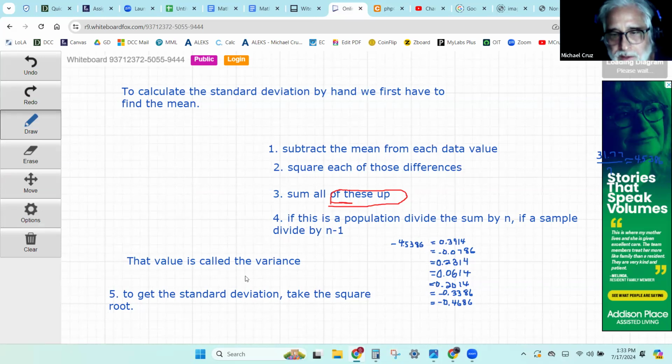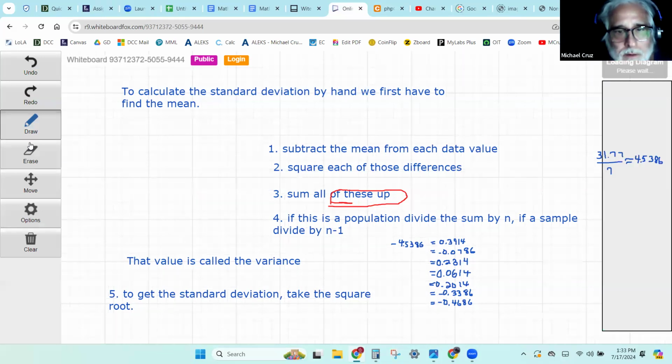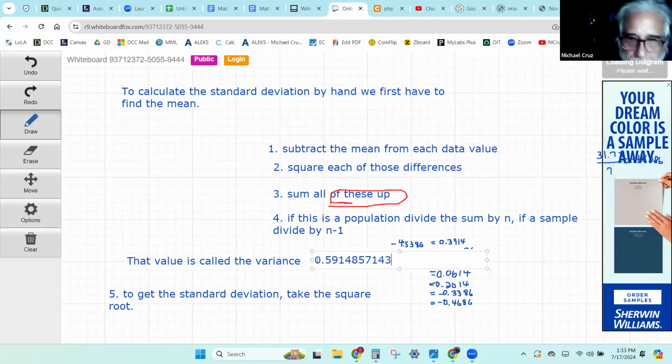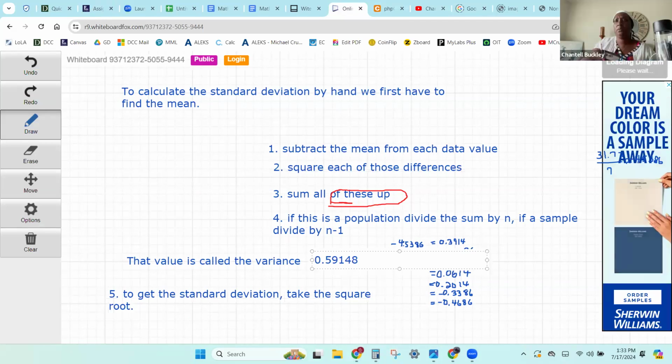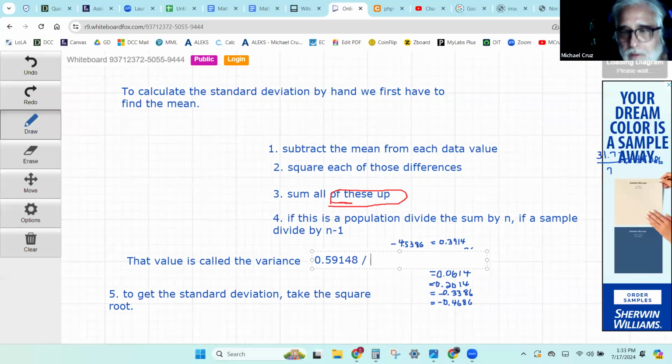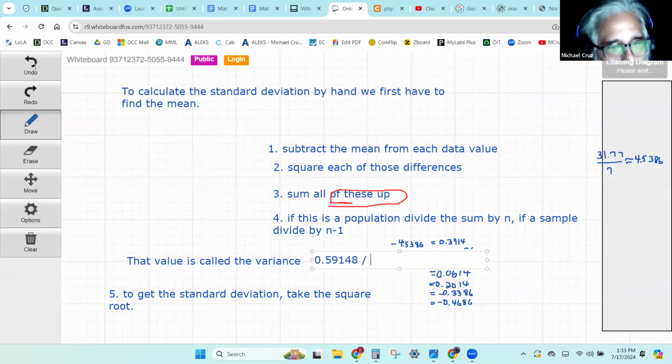So the variance would be here, divided by, this was a sample, so how many were there? Oh, I know how to tell.